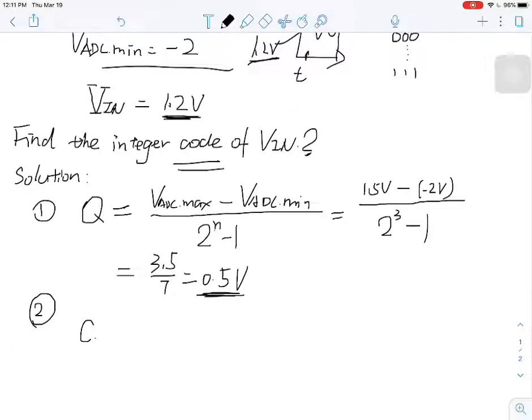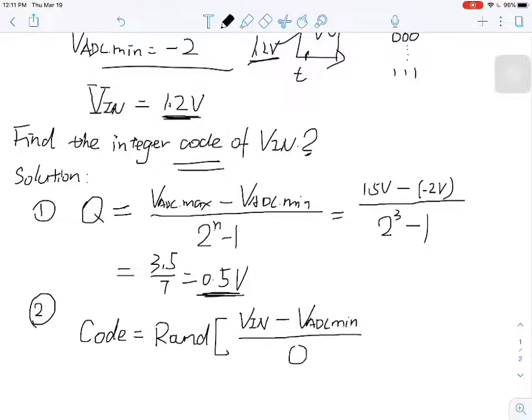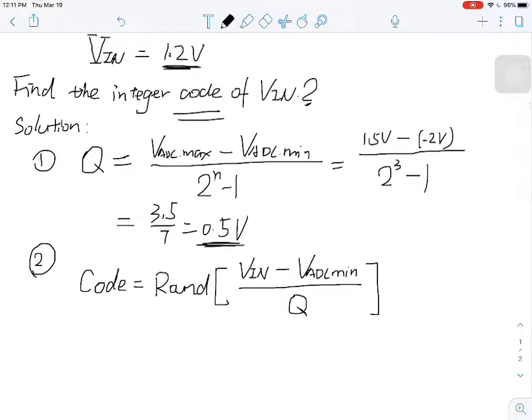So the corresponding binary code equals, you take a round of V in, that's the analog voltage input, minus V ADC minimum, and divided by Q. This is the equation to find out the code for any given voltage input.